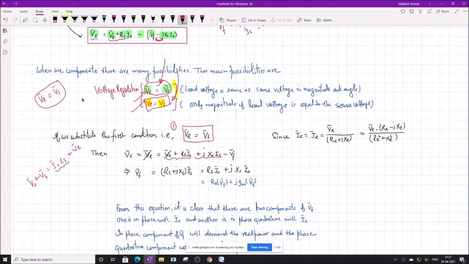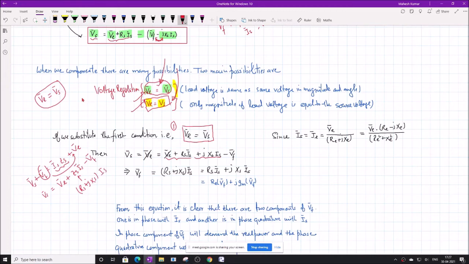Am I correct? Now I will take VF on this side. So VS becomes VL plus ZS IS minus VF, and ZS is RS plus jXS into IS.